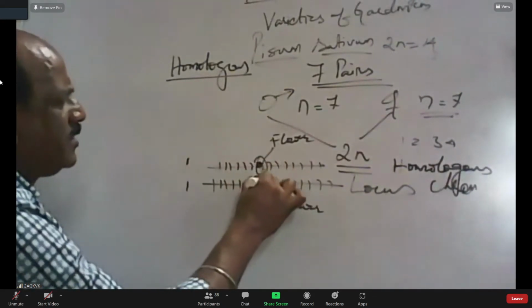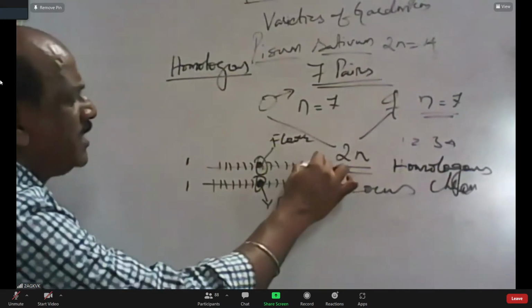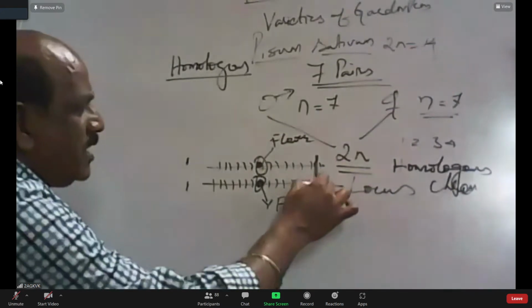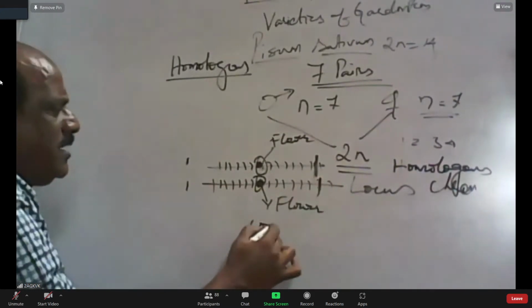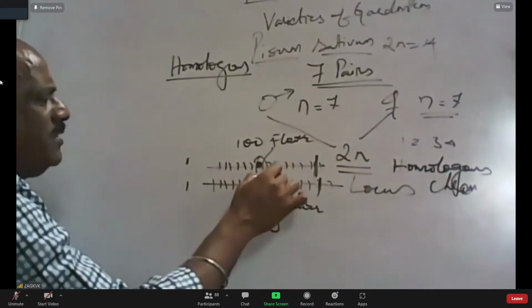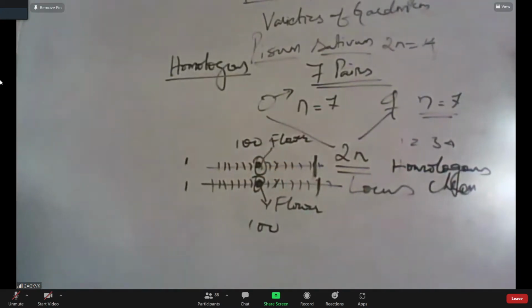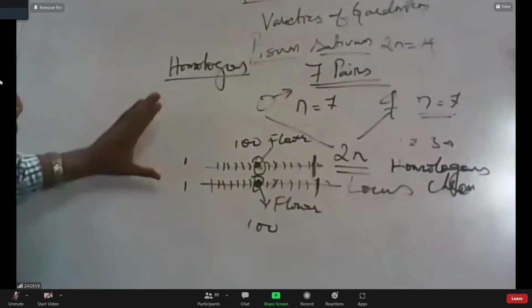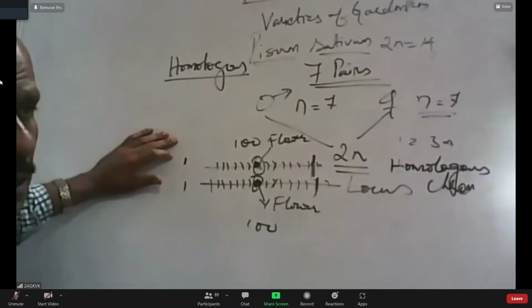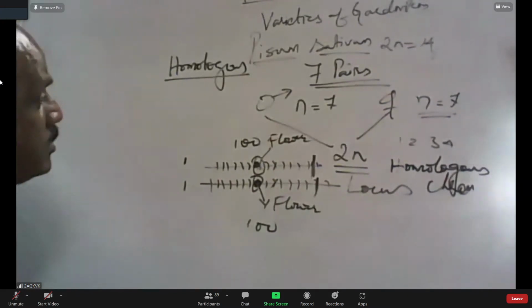The secondary constriction is nothing but the satellite body, so here also you'll have the satellite body. Number of genes: say this is 100, this is also 100. If there is a gene for flower color here, there's a gene for flower color here as well. Is it clear? This is homologous. Okay. Now coming to homozygous.